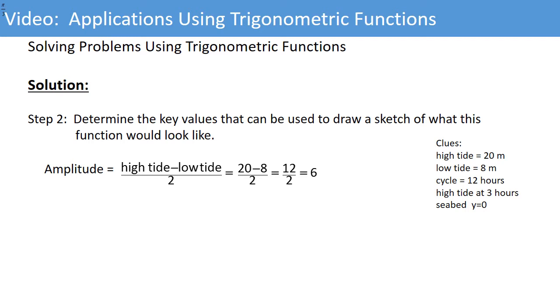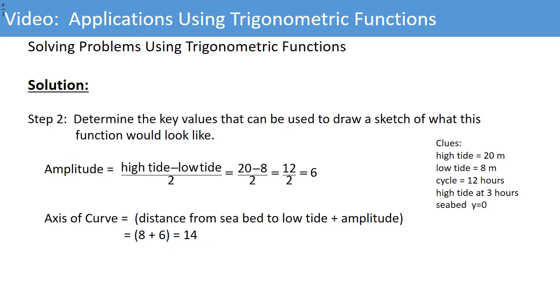So the amplitude is 6. The axis of curve would be the distance from the seabed to the low tide plus the amplitude. So low tide is at 8 meters, the amplitude is 6, so the axis of curve will be at 14.